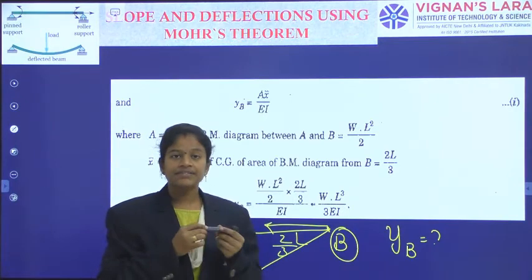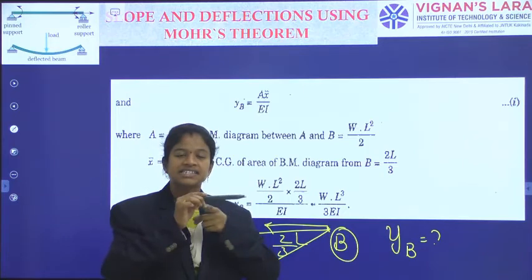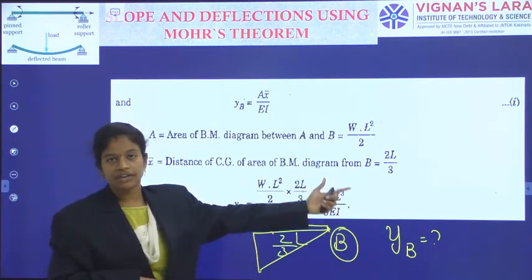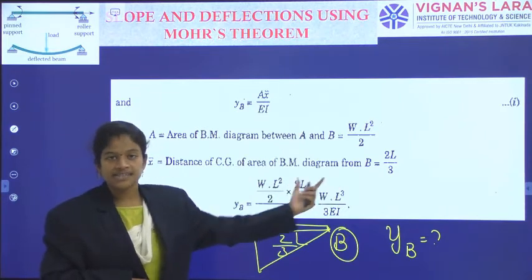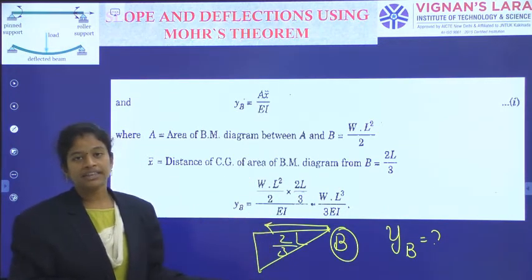In case of a cantilever beam, I have to measure its distance from the free end. So from the free end it is 2L by 3. Area into center of gravity distance divided by EI. In this way, we have got the answer as WL cube by 3EI.